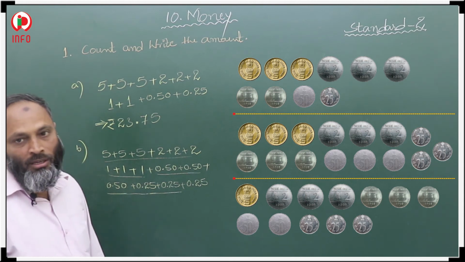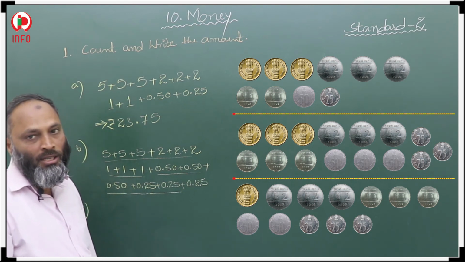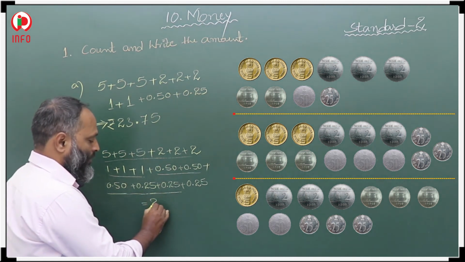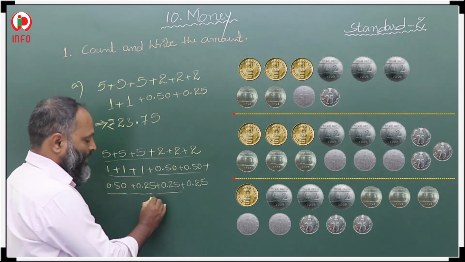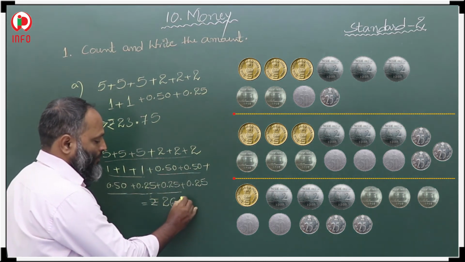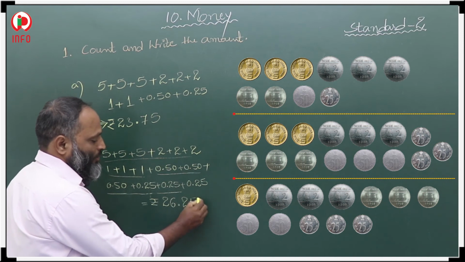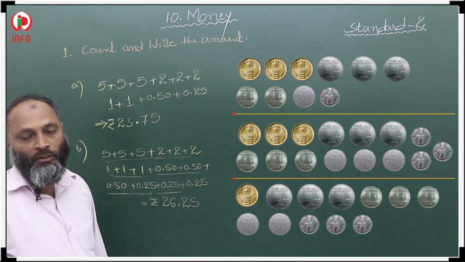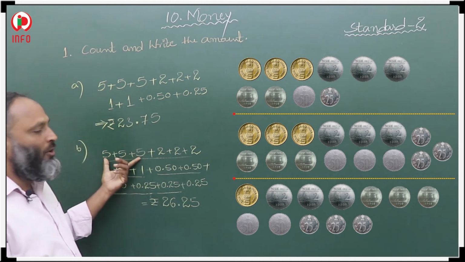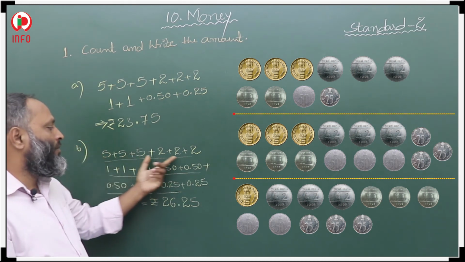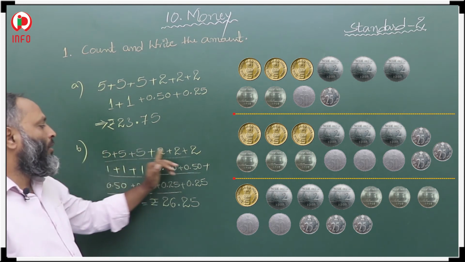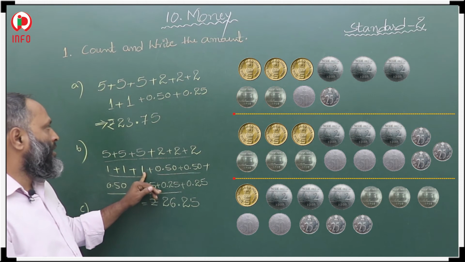26.25. The total amount is 26 rupees 25 paisa; we have to write the rupees symbol. Again, let's check: 3 five-rupee coins, 3 two-rupee coins, 3 one-rupee coins are given. If you add all these coins, the sum is 24.